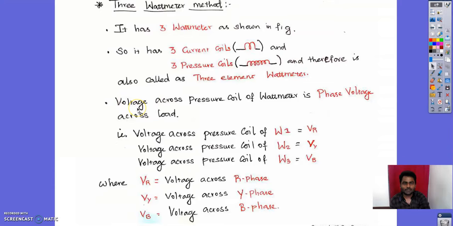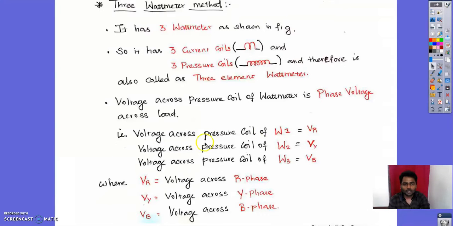In the university you may be asked to explain the 3-element wattmeter. The 3-element wattmeter is nothing but the 3-wattmeter method, and the voltage across the pressure coil of the wattmeter is the phase voltage across the load. From this only we can find the value of voltage. From the diagram you can clearly understand this.